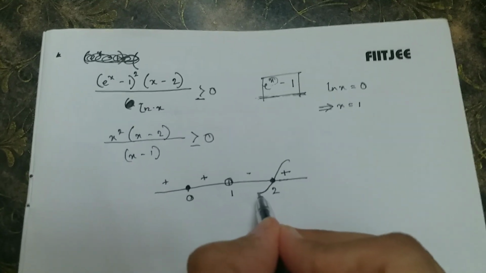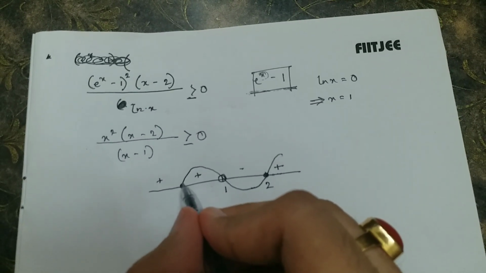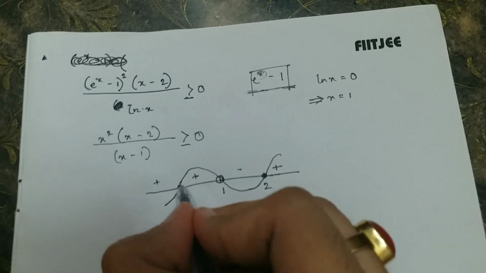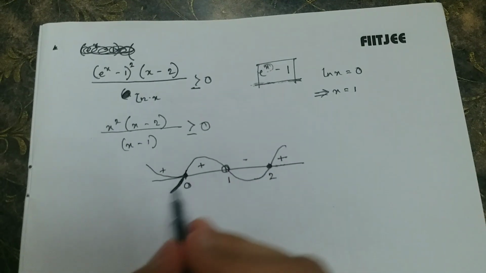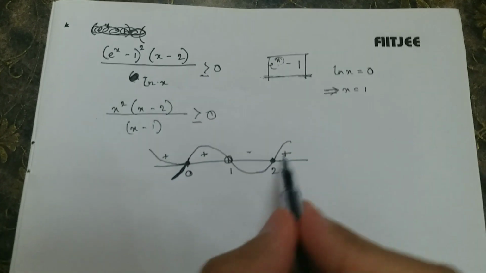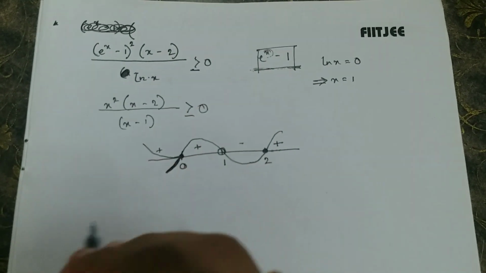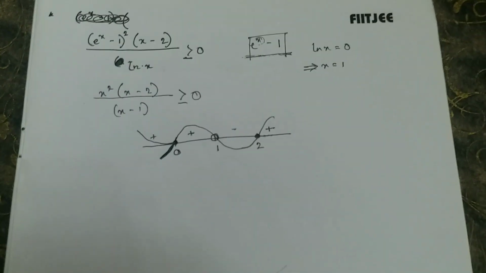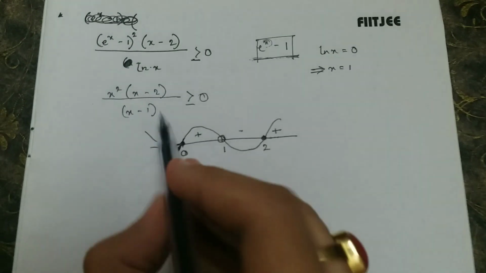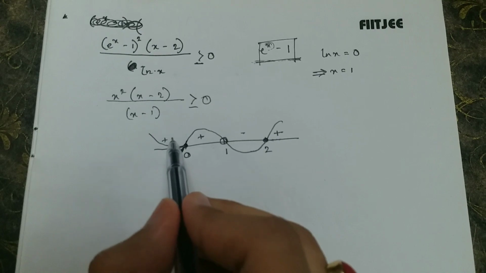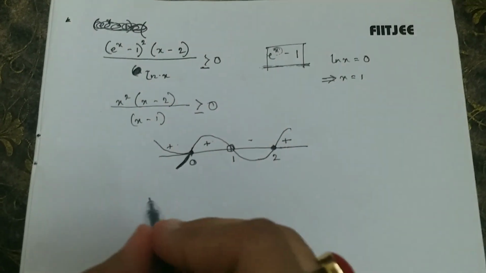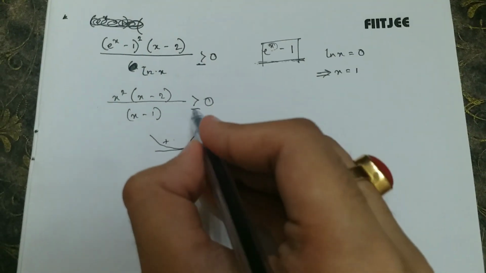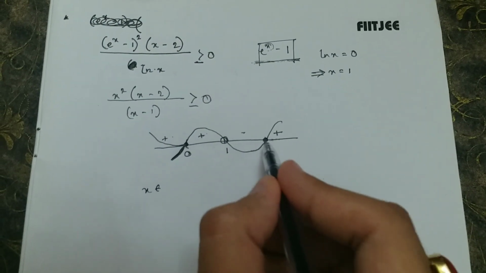Without even drawing the wavy curve, you can solve the problem after a few times. As you can see here, it will not go downwards, it will continue here only. So the intervals, you will take greater than equals to 0, so we have to take the positive intervals. That means positive is here, here, and here. So x belongs to, equals to 0, so you can include 0 and 2.